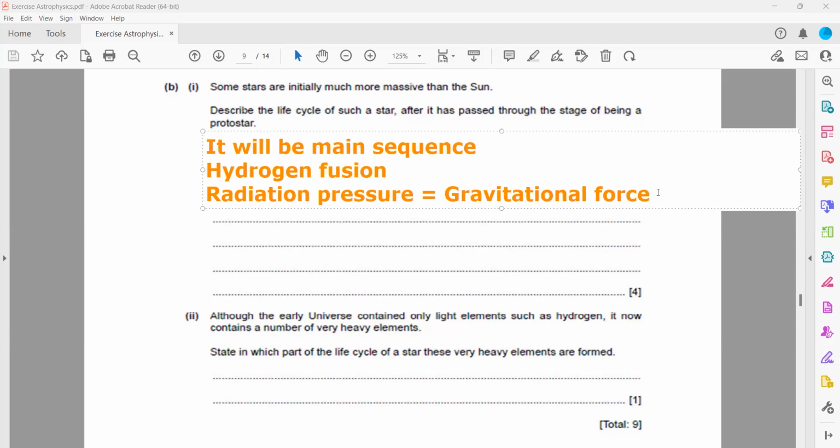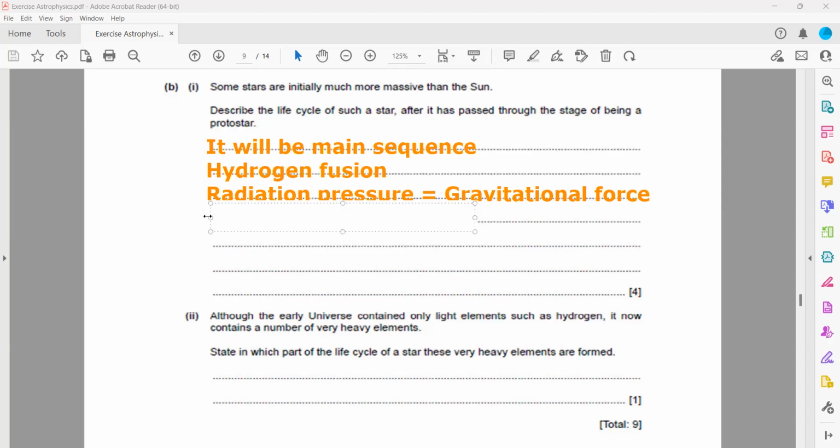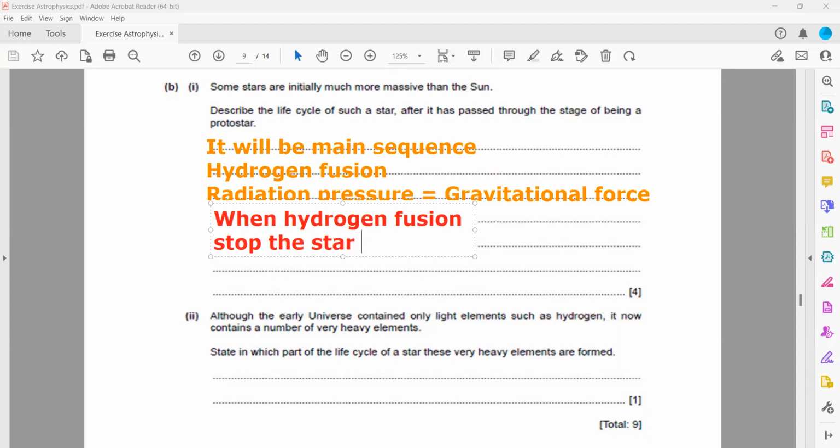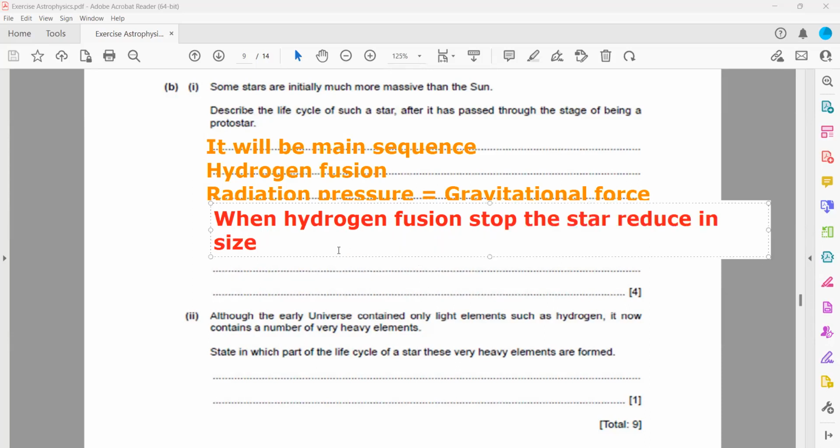Then after the main sequence, what happens to the star? It will turn into a red giant. When hydrogen fusion ceases, the star will collapse, reducing in size. It's a massive star, so hydrogen fusion stops and the star reduces in size.